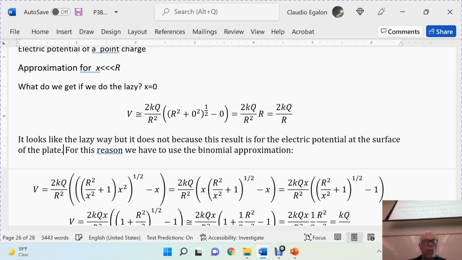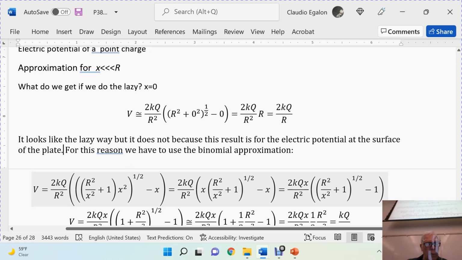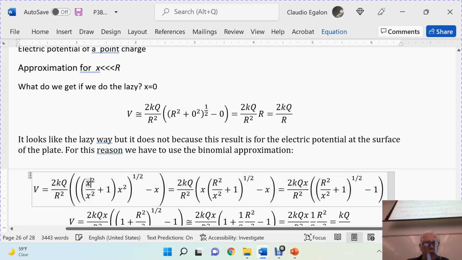For this reason, we have to use the binomial approximation. But we are going to use the binomial approximation in a different way, right? Instead, we are going to put the R in evidence, and we are going to get this ratio right in here.